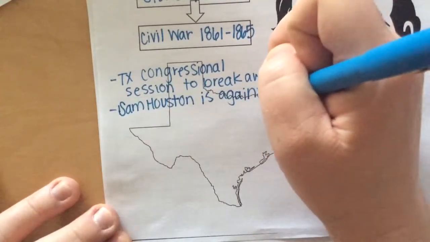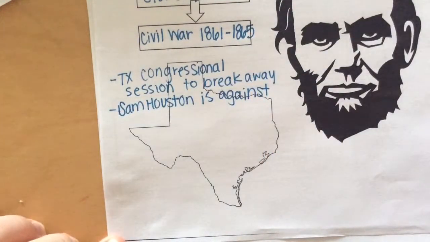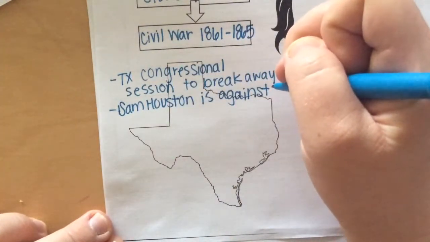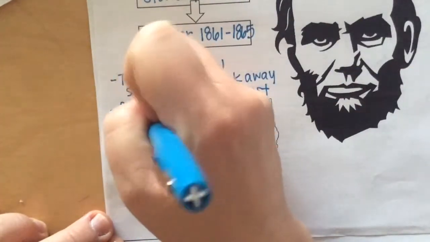He doesn't want any part of it. He doesn't want to be part of the South, and he would rather just stay out of it completely. He is against the Confederate States, and so he's removed from office.